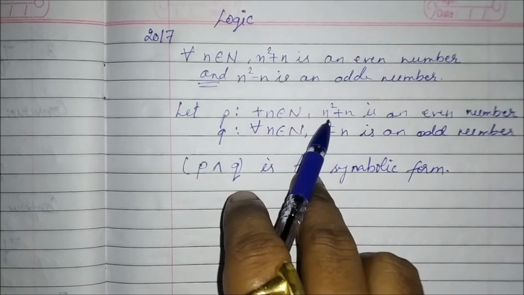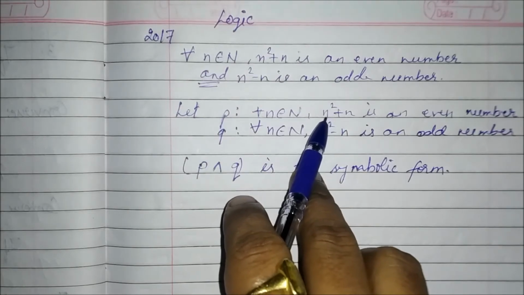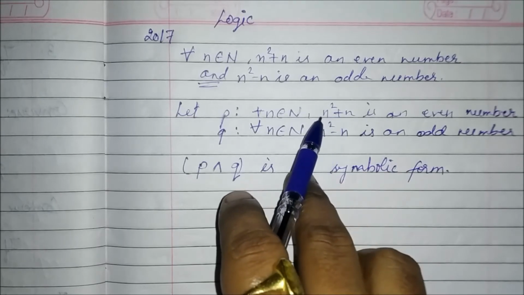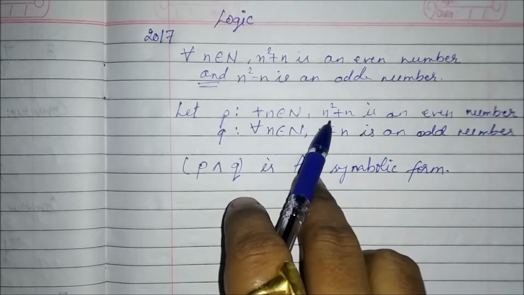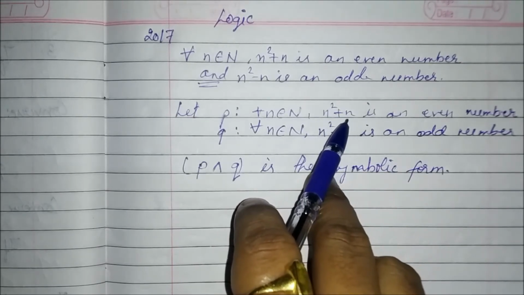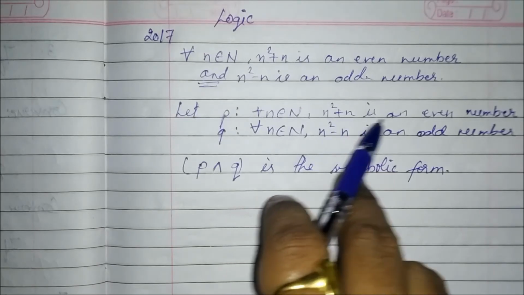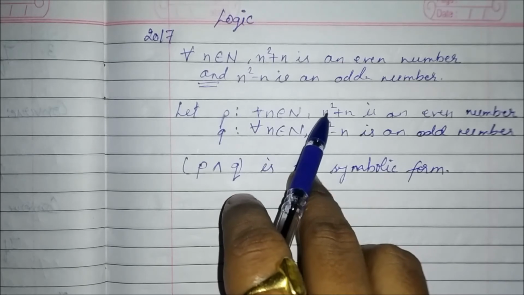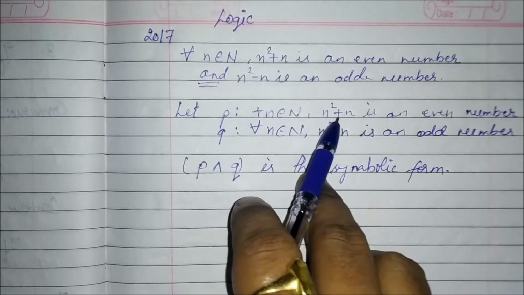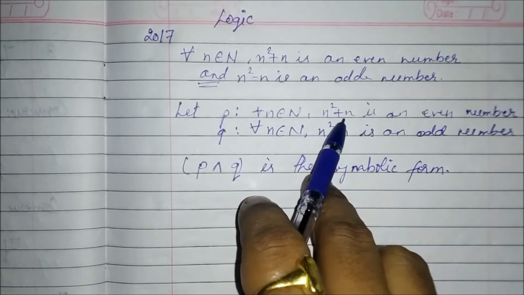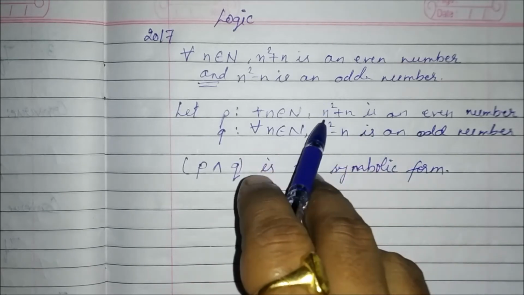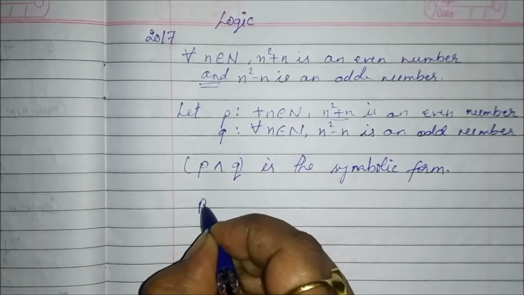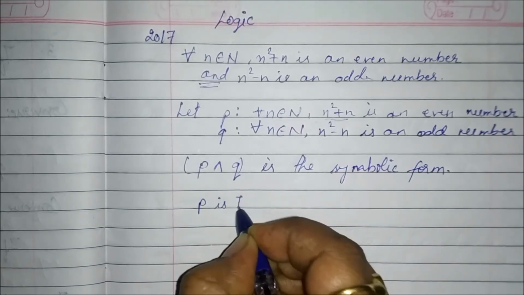For 2, 2 square 4, 4 plus 2, 6, which is even. For 3, 3 square plus 3, 9 plus 3, 12, which is even. Check for 5, 5 square 25, 25 plus 5, which is 30, which is also an even number. So this condition is true. So we can say that P is true.